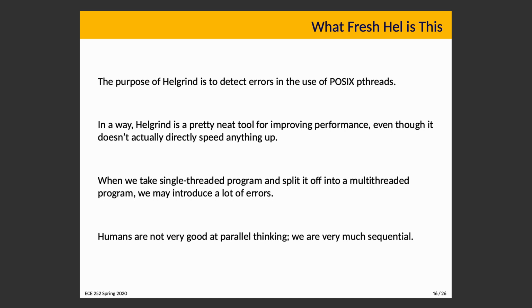When we take a single-threaded program and we're trying to make it into a multi-threaded program or a multiple process kind of system, we're probably going to introduce errors, or at least the possibility thereof. Why is this? Some part of it is that humans are not super good at parallel thinking. Humans are sequential, so parallelism and concurrency remain difficult concepts for us.